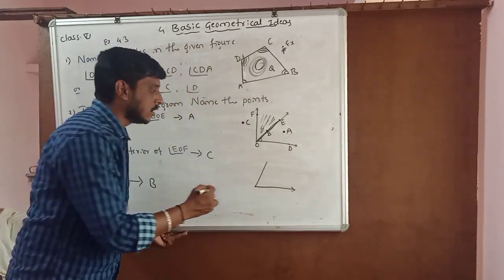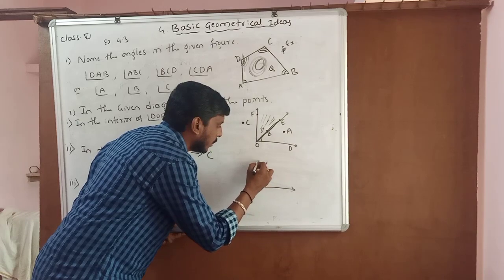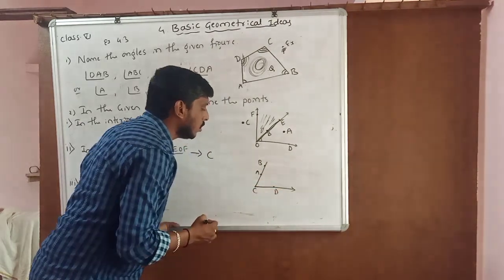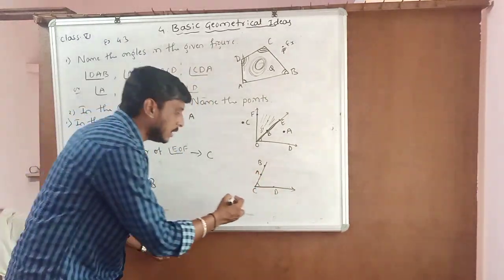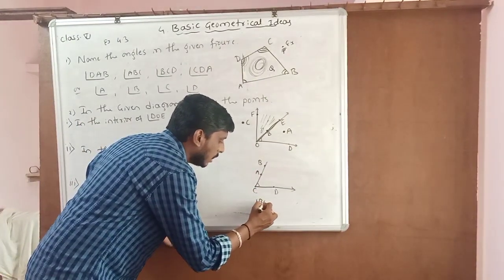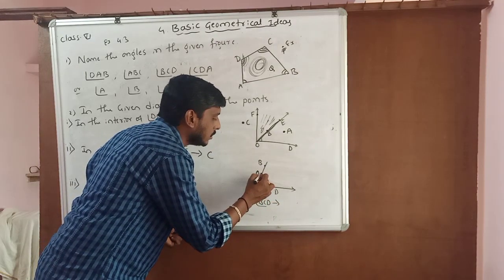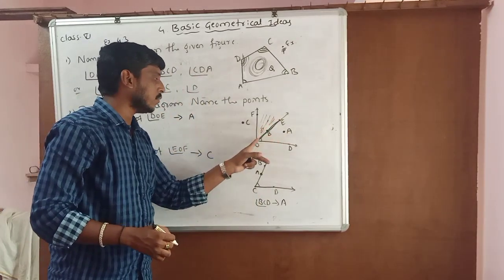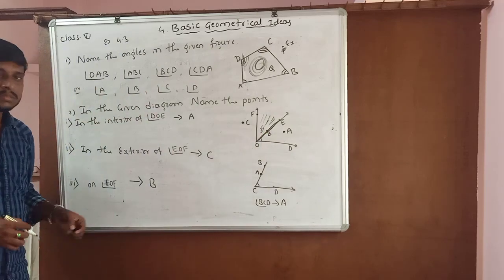So this is A, this is B, this is C, and this is D. Name the vertex on BCD. Name the vertex on BCD means which point? A lies on BCD. Like that, on EOF point B lies. Okay.